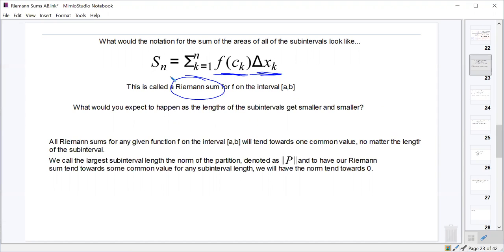Let's make the largest subinterval go towards 0. If I shrink that subinterval down, let's say by cutting each of the subintervals in half, and then doing that again, and again, until the largest one that I have is very close to 0, what's happening to all the other ones as I do the same thing? They're also getting very, very small, aren't they?